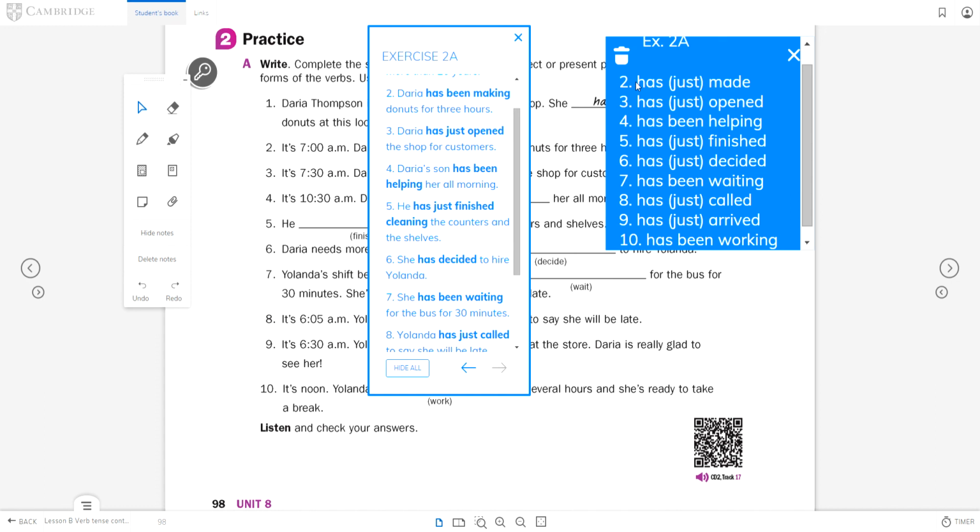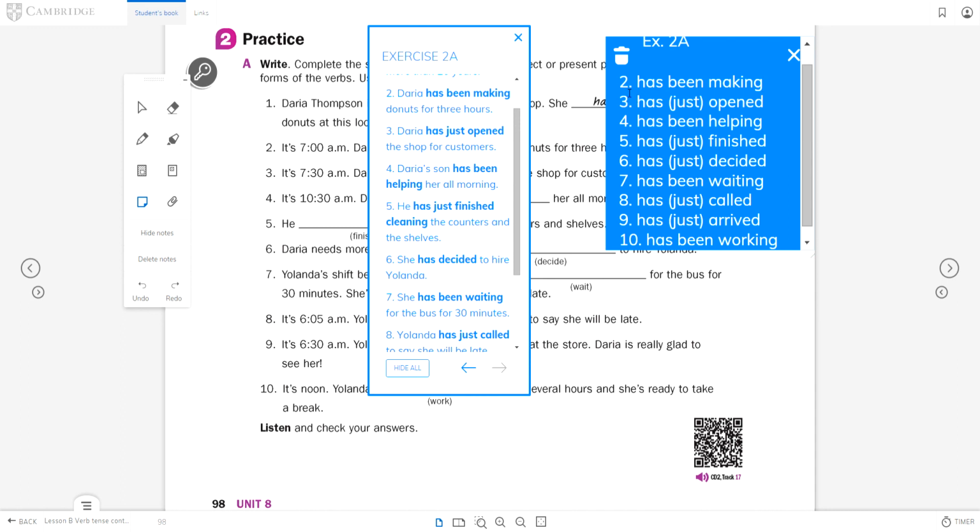I put present perfect, and the reason is because of the idea that in my mind she just makes donuts once a day, once during the day. She doesn't make the donuts through the day. You know what I'm talking about? It's just sometimes a matter of understanding. So number 2, the correct one is has been making. That's the correct one. Okay?